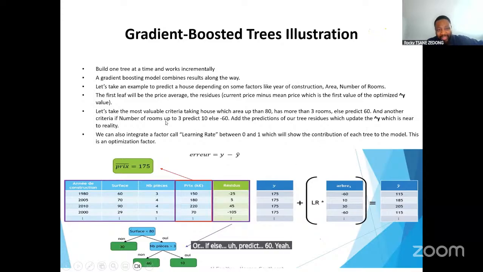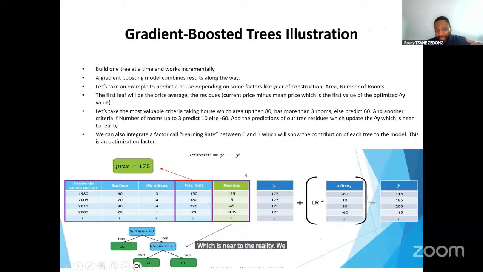Another criterion is if the number of rooms is up to 3, predict 10, else minus 60. Add the predictions of these 3 residuals, which updates the optimized value, from the mean to a value near the reality.